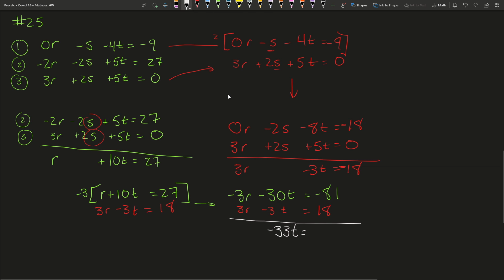All right. So this should be negative. All right. And then when that happens, this is -18, which means this down here is -99. So t is equal to 3.